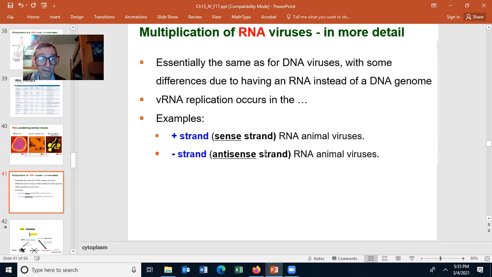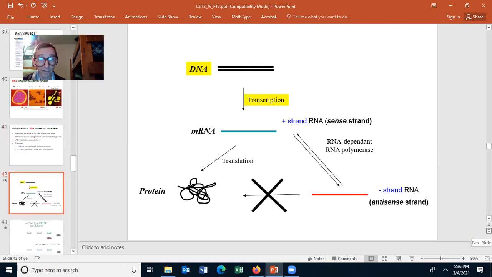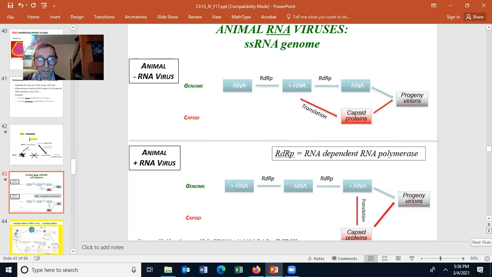For the positive single-strand RNA animal viruses, they replicate by making a negative strand. Here it is.